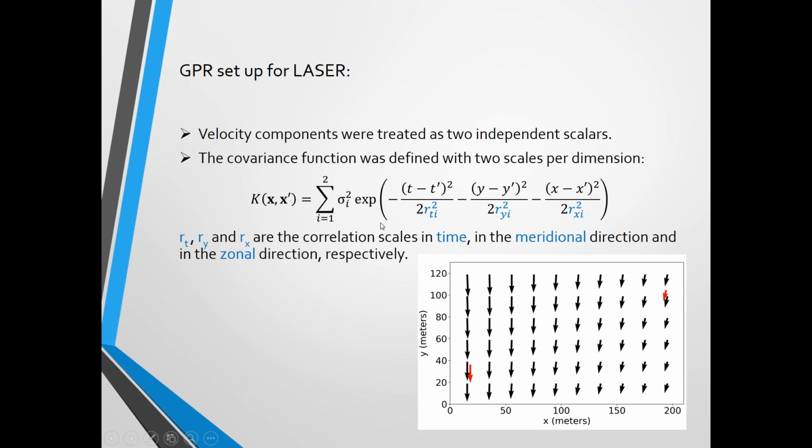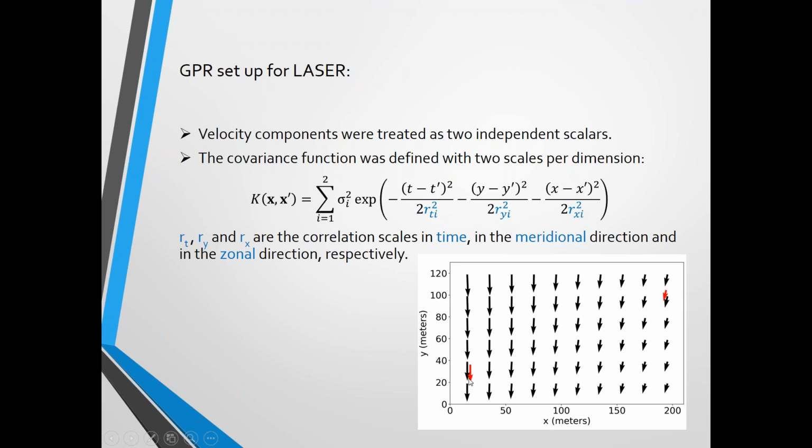And I'm considering two scales per each dimension. So I'm going to have two scales in time, two scales in y, and two scales in x. And the covariance also has a variance, which we have to estimate.